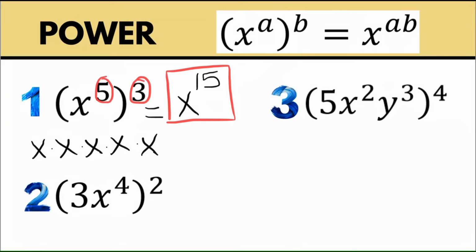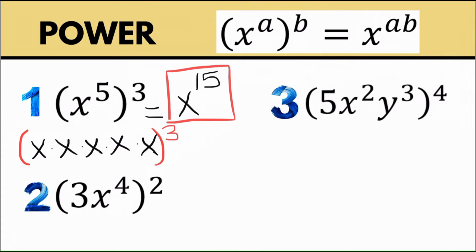But this time it's not only just saying that, it's saying take that and raise that to the 3rd power. That means I've got to do this 3 times. And whenever I do that, I should have 15 x's. Now the power rule saves us time because our numbers aren't always going to be this small.